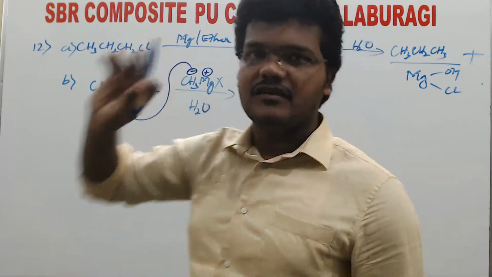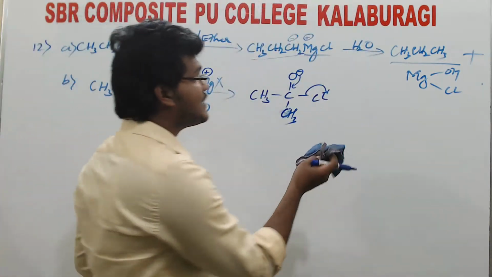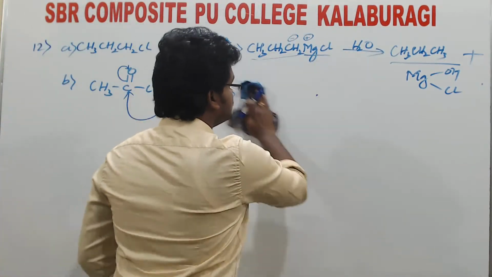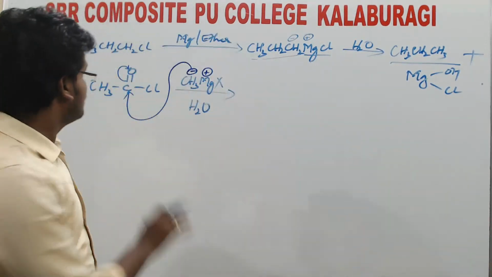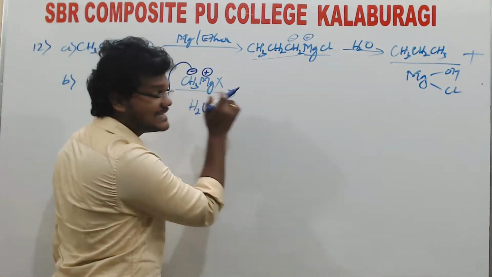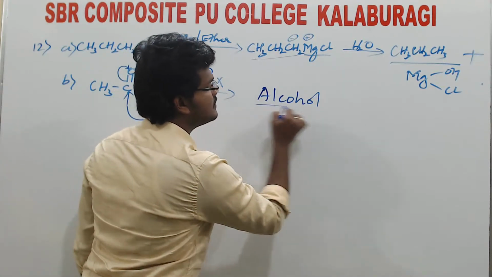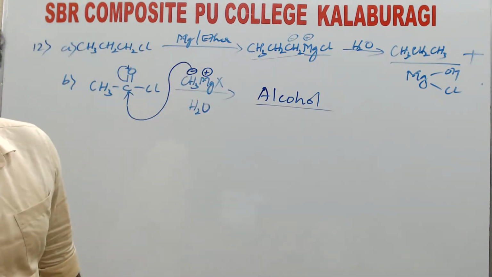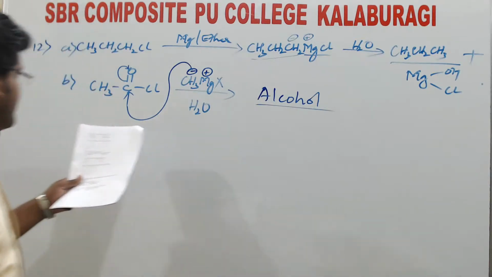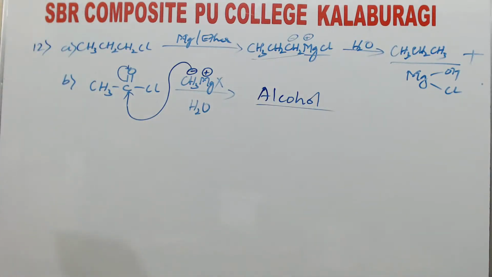If you write this entire mechanism, you won't understand. So just remember, when carbonyl compounds are made to react with Grignard reagents, I'm going to get alcohol. Sorry, ketone. Wait.